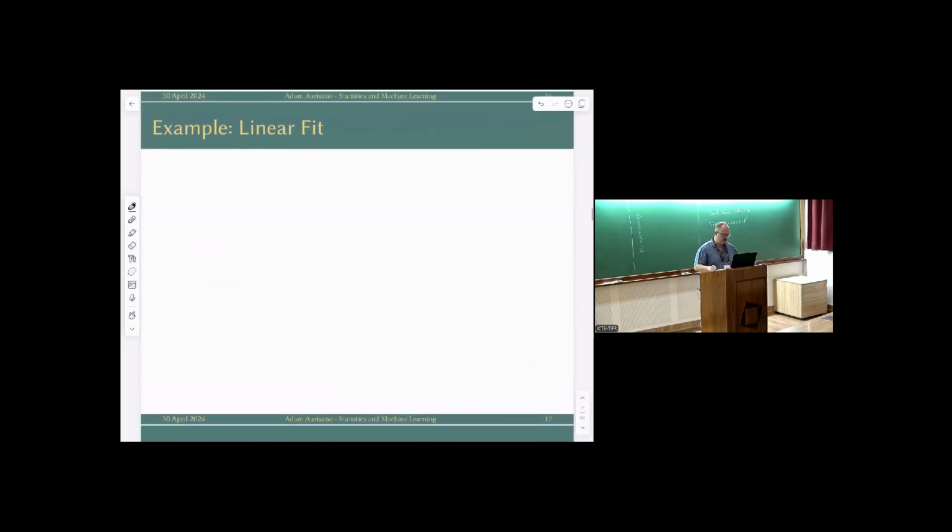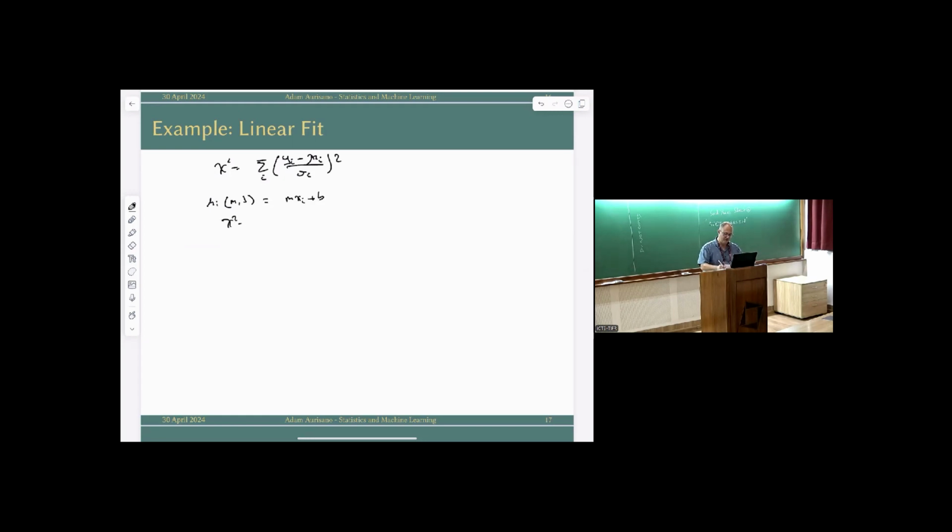To get started, just remember that chi-squared equals the sum over your bins of (y_i minus mu_i) over sigma_i, squared. Our model says that mu, as a function of your slope and intercept, should be m x_i plus b.